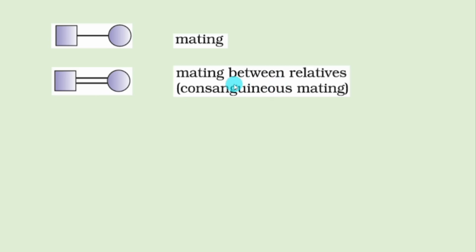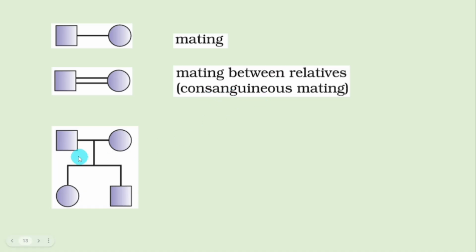Now, a line between a square and circle indicates mating, marriage. If there are two lines, it indicates mating between relatives. This kind of mating is called consanguineous marriages or mating. Now, see, the line between the two indicates mating, and this vertical line, which is joining to one circle and one square, indicates the progeny, the offspring, the children.